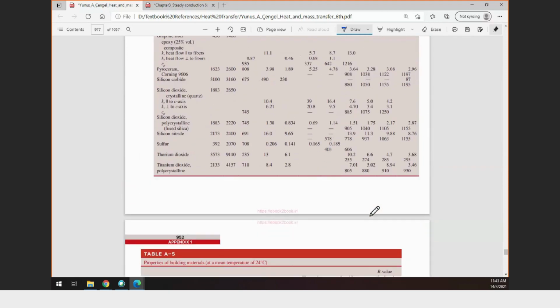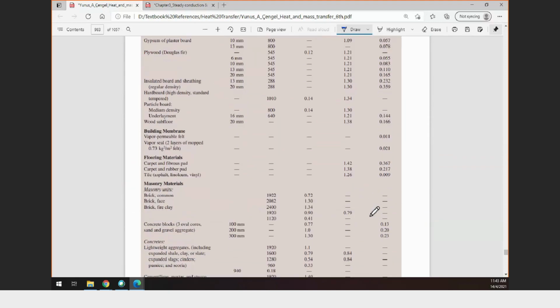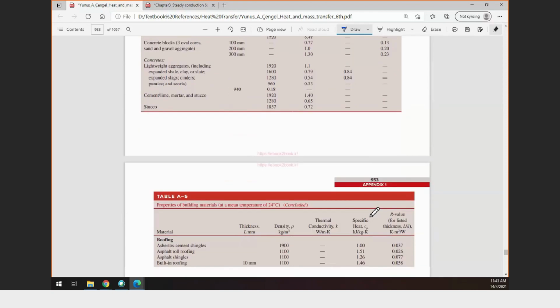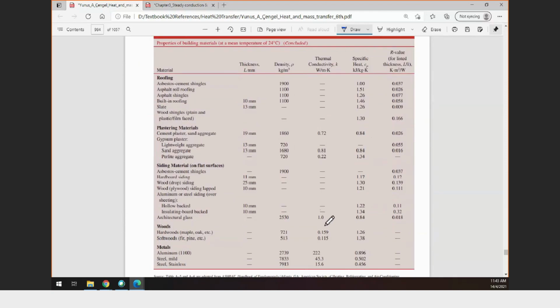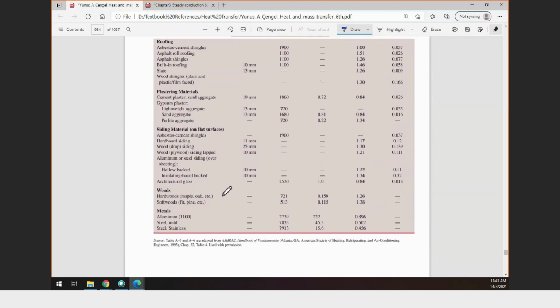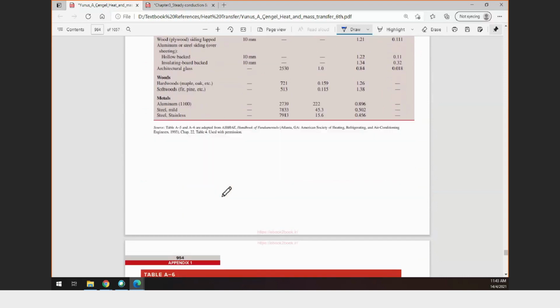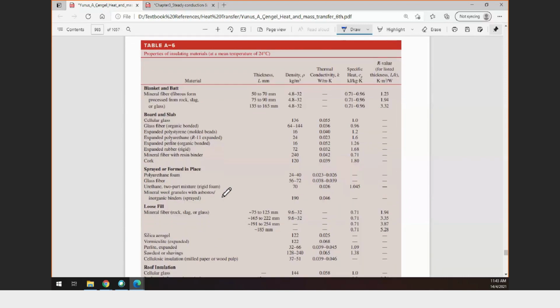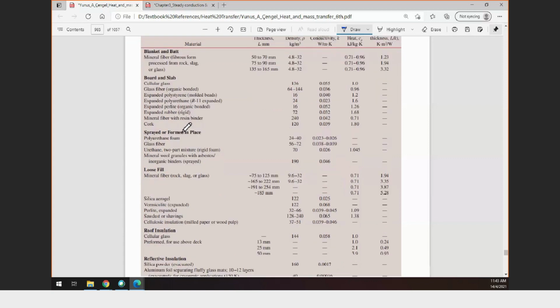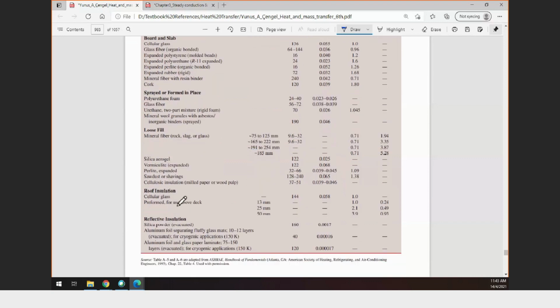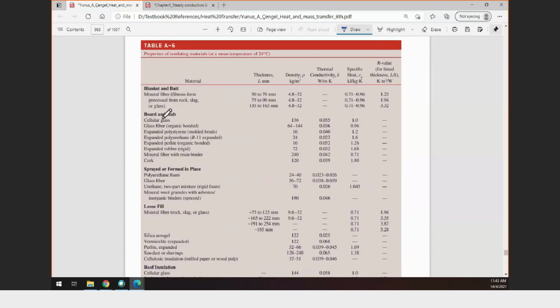I think building material. This one, glass, gypsum, cellular glass. Okay, there is one glass here, cellular glass, but this is board and slab.